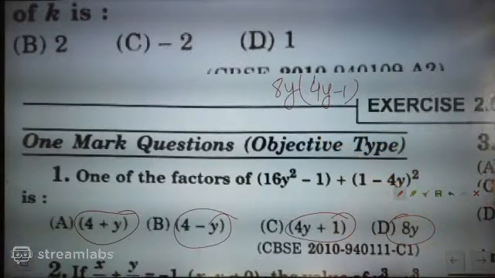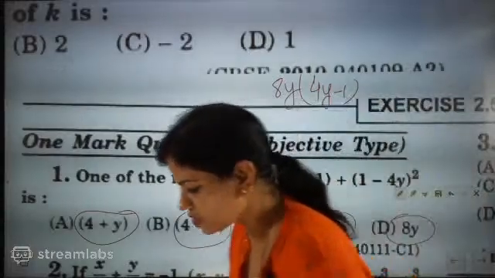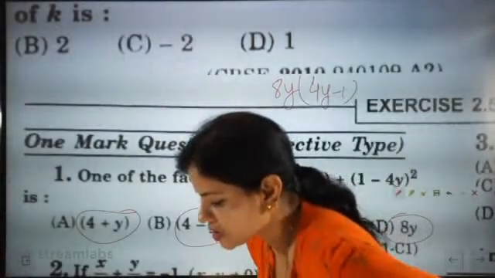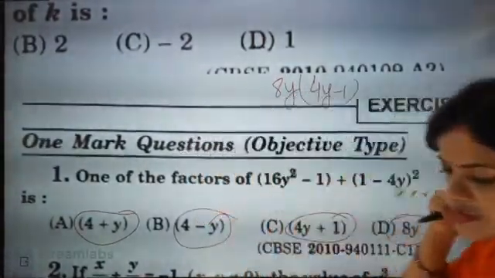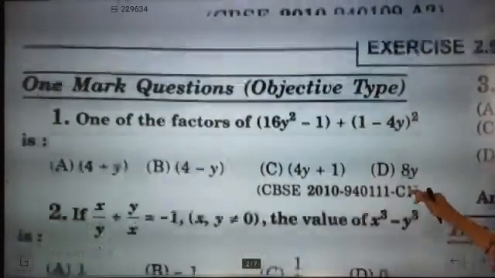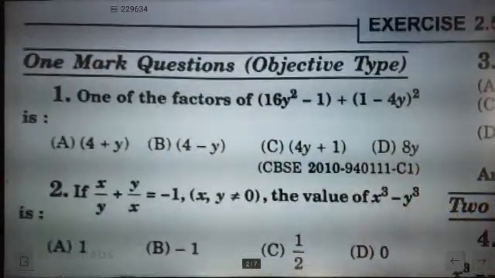Now tell what the answer is going to come. Quickly say. Yes, correct. Answer is D only.